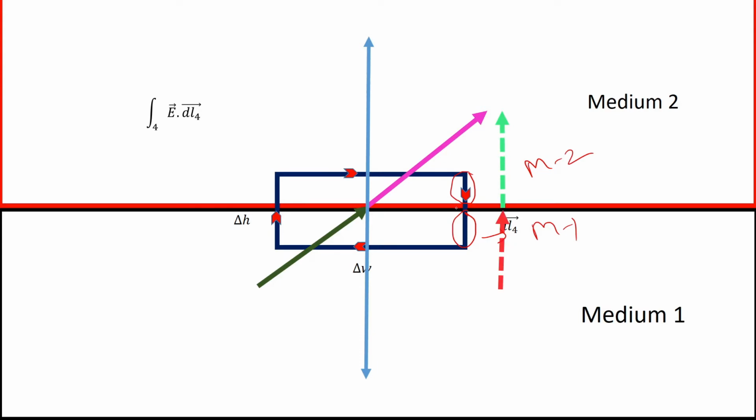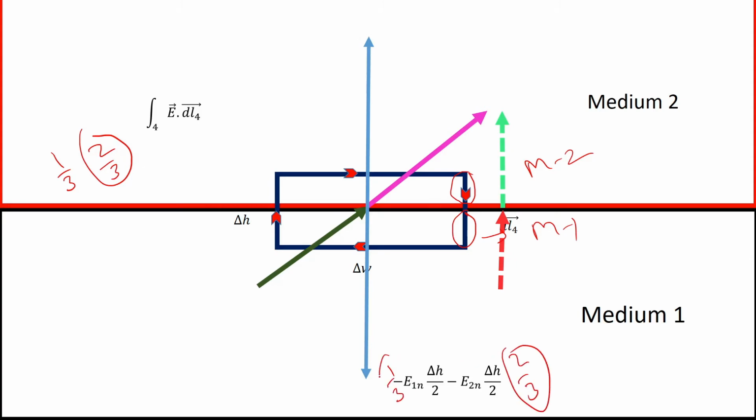Similarly, this path in medium 1 is also opposite to the electric field along the normal in medium 1. Thereby, the integration would give me minus E1n delta h by 2 minus E2n delta h by 2. If I am talking about 1/3 and 2/3, then this would again be 1/3 and 2/3 respectively.